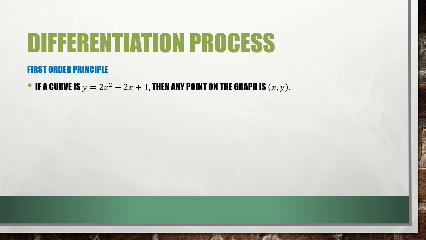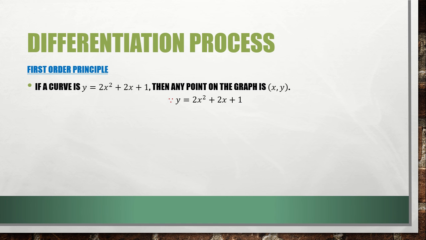Now, if a curve is, for example, with that equation, we shall have that as an example. y is equal to 2x power 2 plus 2x plus 1. Then any point on that graph is (x, y). Notice if you want to get the gradient, we basically pick 2 points on that particular graph. So that's what you're going to do.